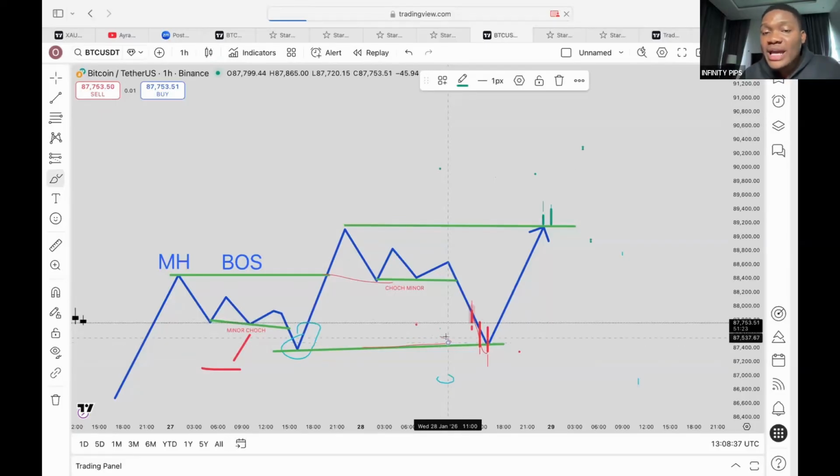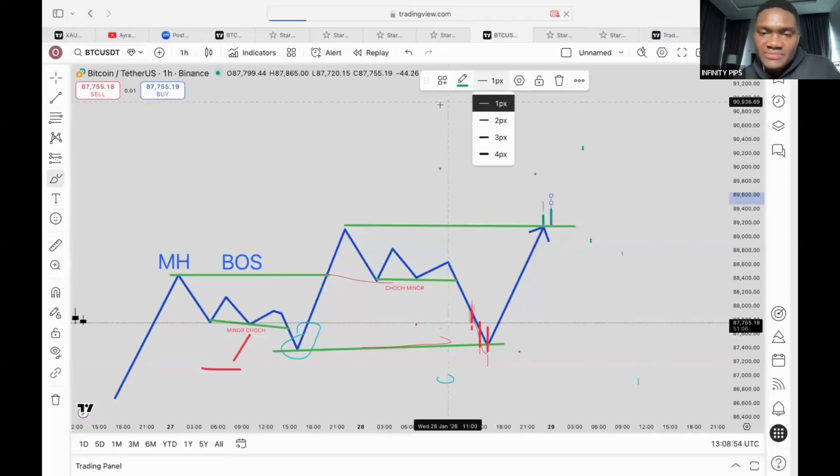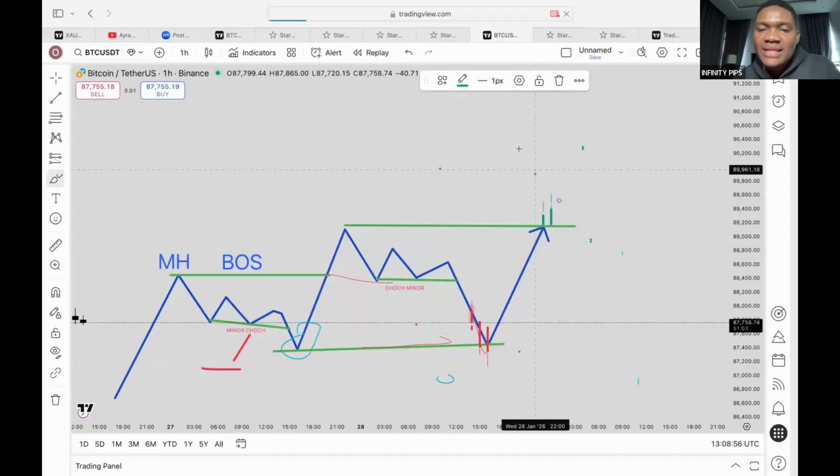The only place you will enter is if the second candlestick that formed has a wick higher than the first one. Then that buy you are expecting is now valid.